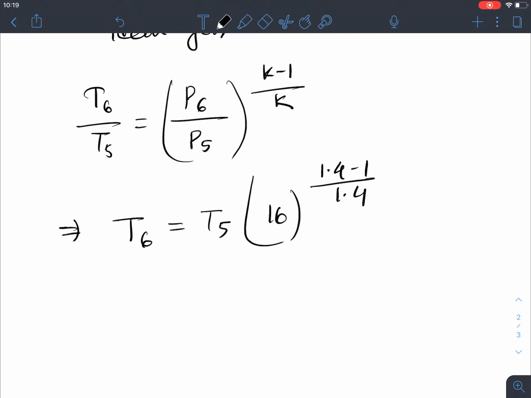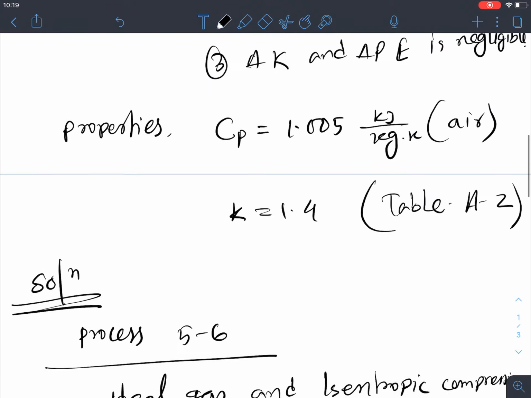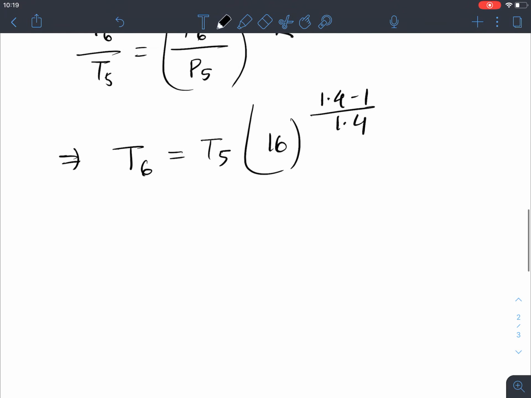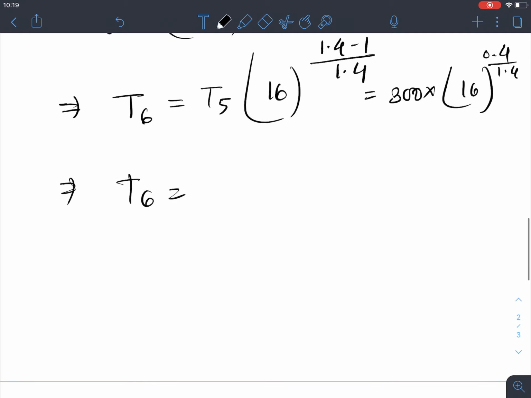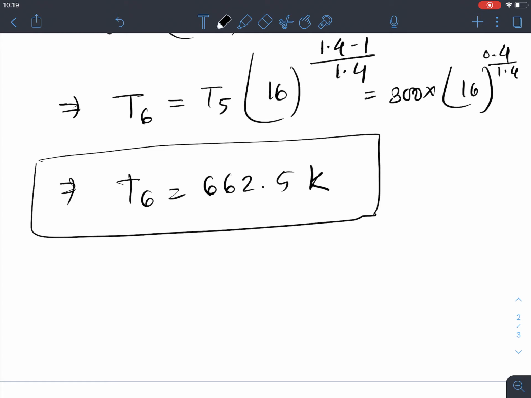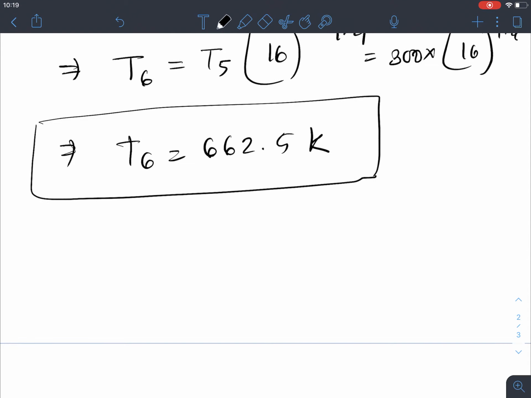And T5 is the inlet temperature, 300 Kelvin. So let me plug it in: 300 times 16 to the power 0.4 divided by 1.4. If we solve this, T6 equals 662.5 Kelvin.